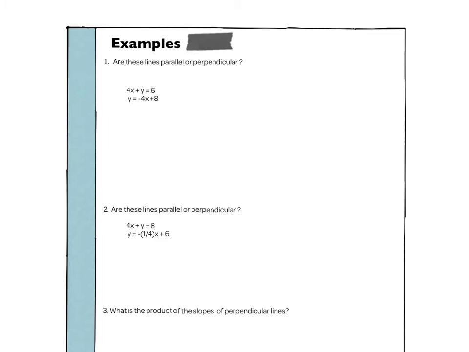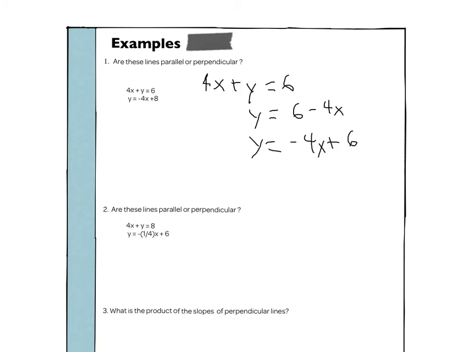Okay, examples. Are these lines parallel or perpendicular? We have 4x plus y equals 6 as our first line, and then y equals -4x plus 8. We need to know if they have the same slope, but our first line is not in slope-intercept form. So we rewrite our line and solve algebraically so that we have y by itself, as y equals mx plus b.